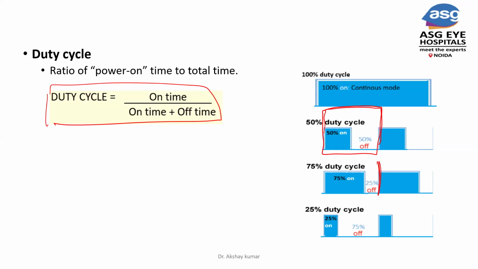Whatever the on time is, that will be your duty cycle. Suppose in this case this is the on time, so it will lead to a 50% duty cycle. In this case the on time is 75%, so it is a 75% duty cycle. So basically it is just the on time in a single cycle.